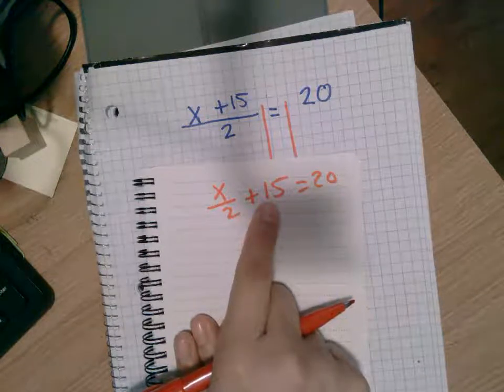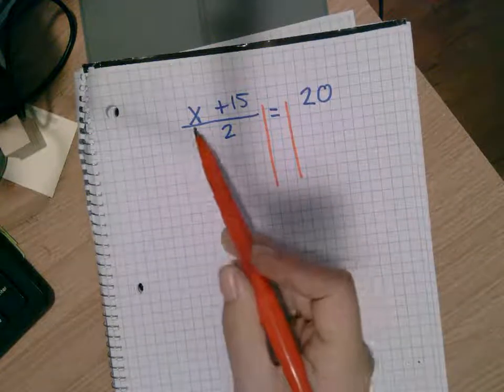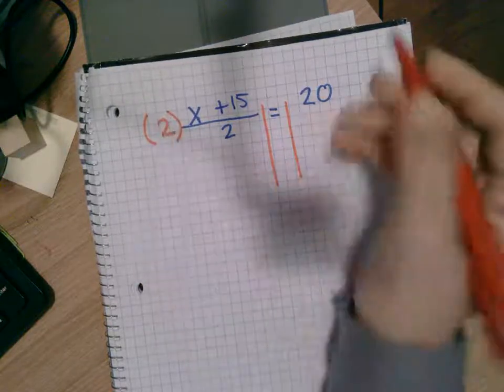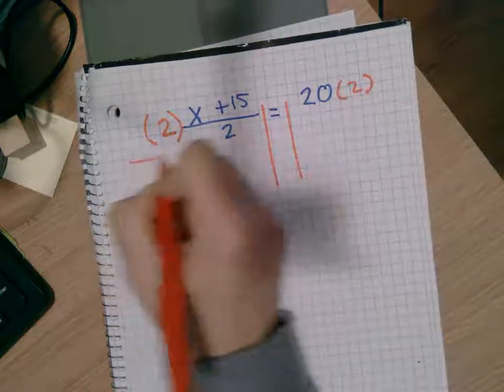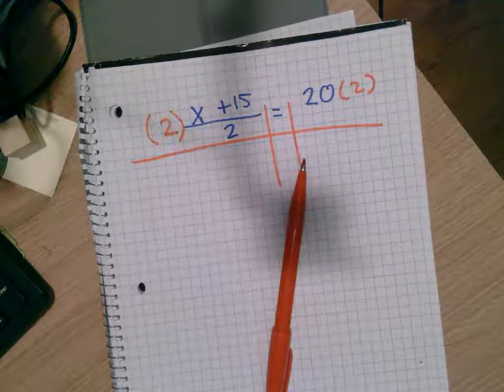But because there's this big fraction line, we're going to move the 2 first. And we only move it first because of how it's written.